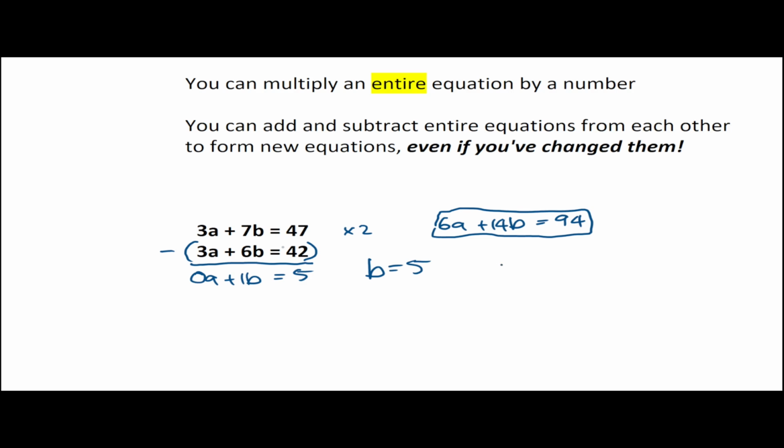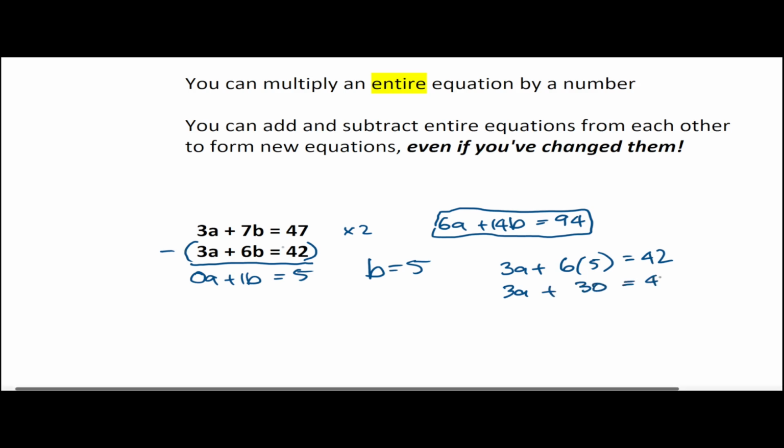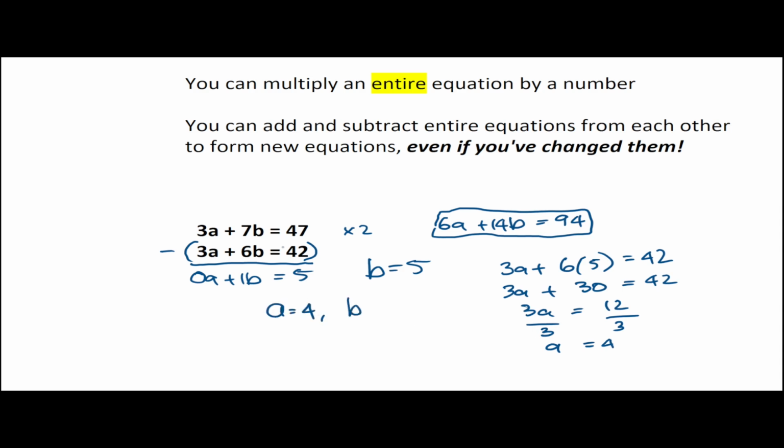Either one will do. So 3a plus 6 times 5 equals 42. So 3a plus 30 equals 42. 3a equals 12. We want to divide both sides by 3. A equals 4. So our answer is a equals 4, b equals 5. Both of the variables are solved.